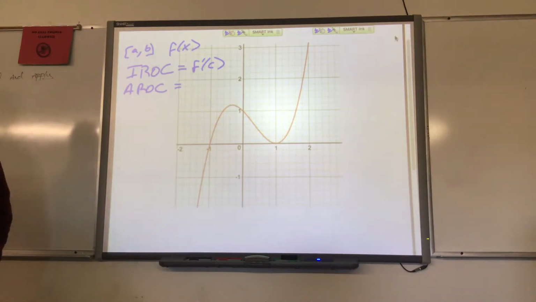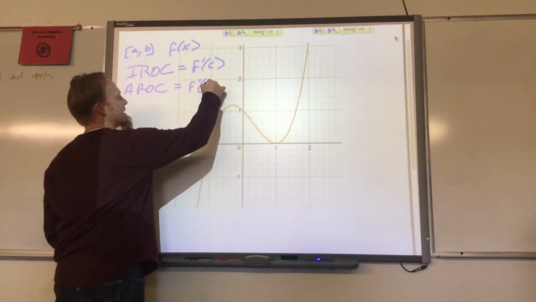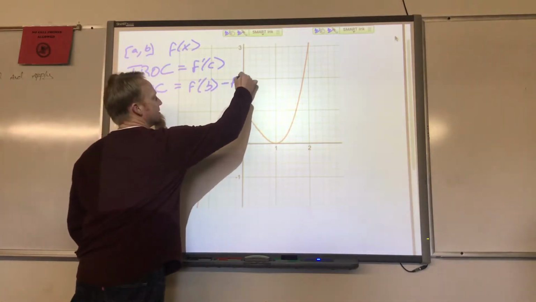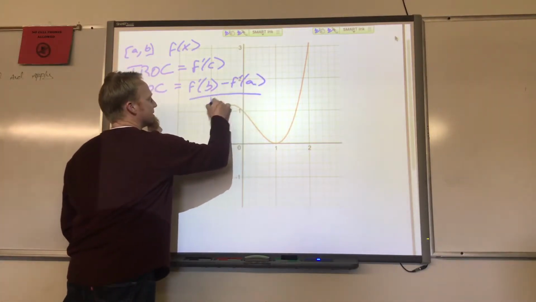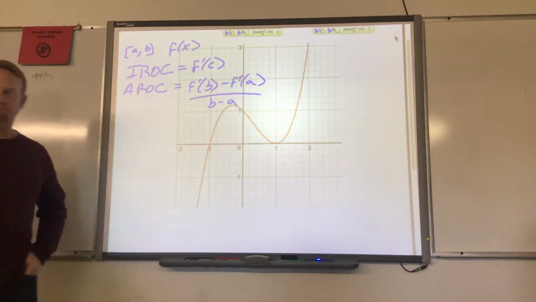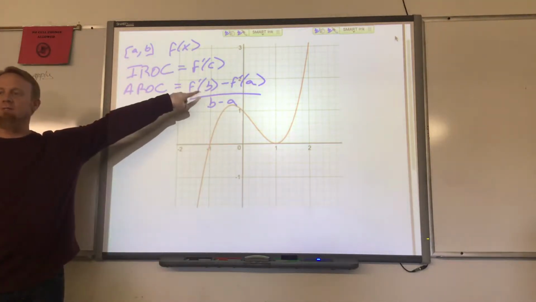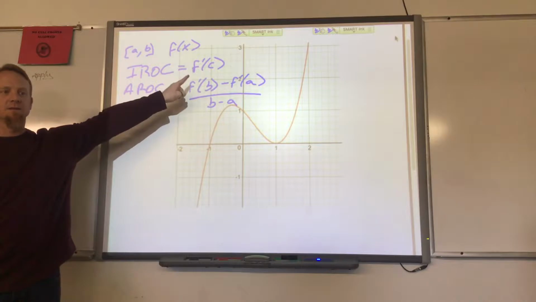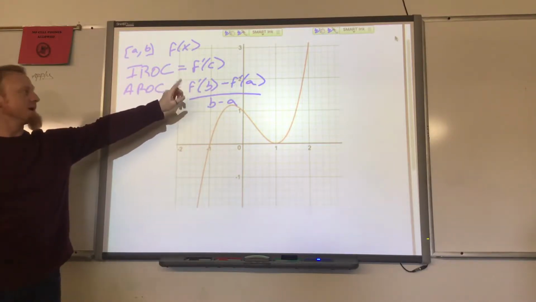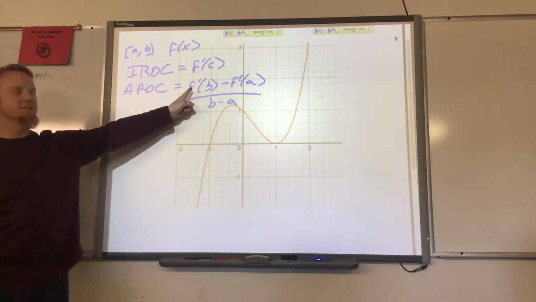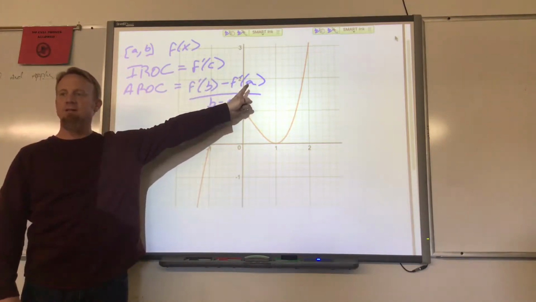Now let me write it down, and then I want you to think about what everything represents here. What does F prime of B represent? This represents the instantaneous rate of change at B. What does this represent?